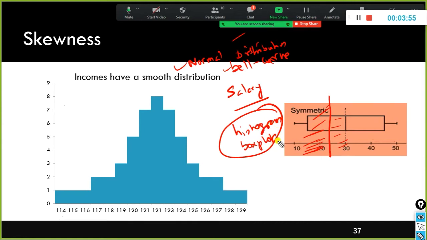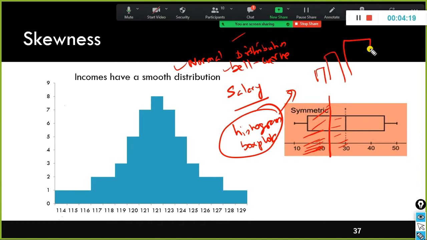Histogram and box plot are meant for statisticians and data scientists. Unlike other charts, only they can understand these two. Now the question is, what is the difference between a histogram and a bar plot? Bar plot is also something similar.